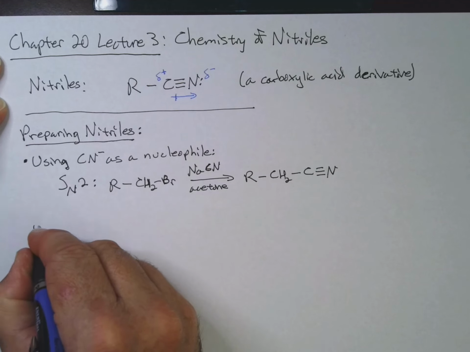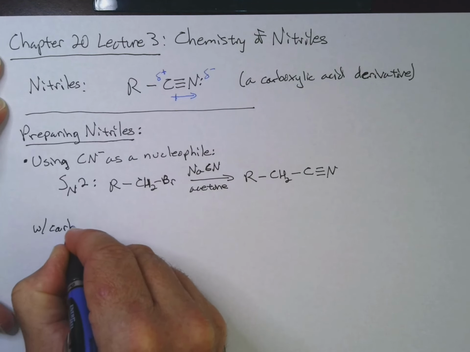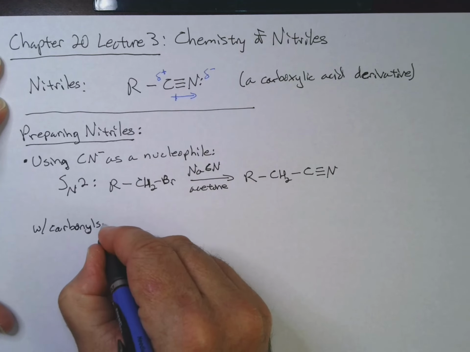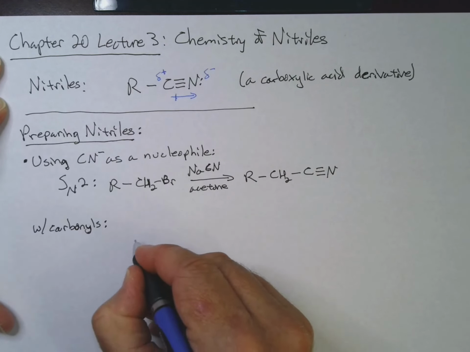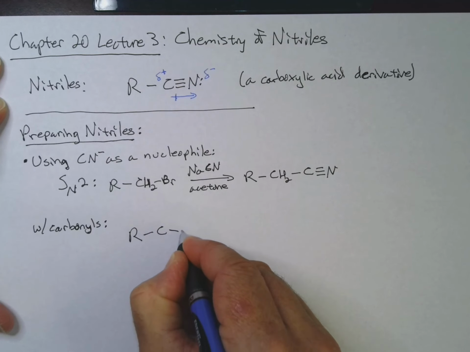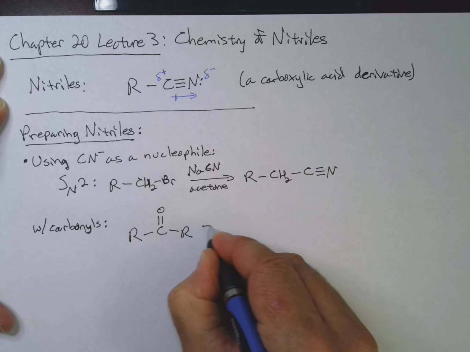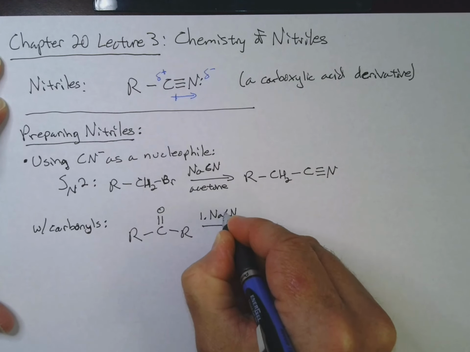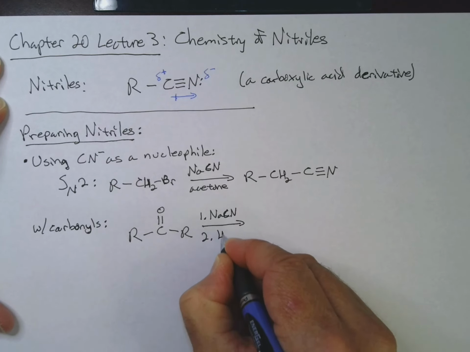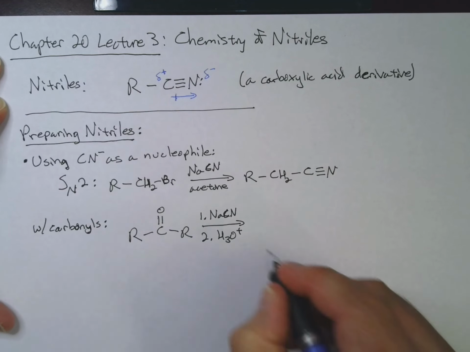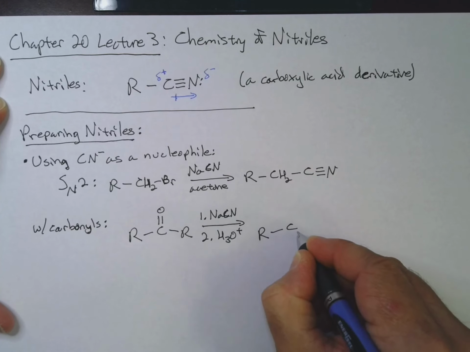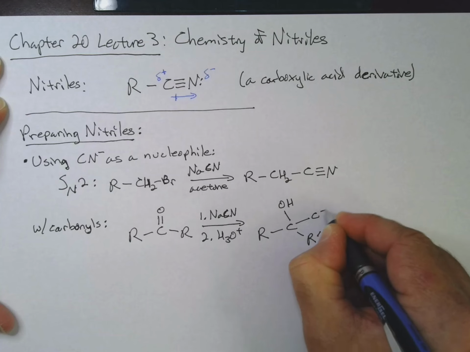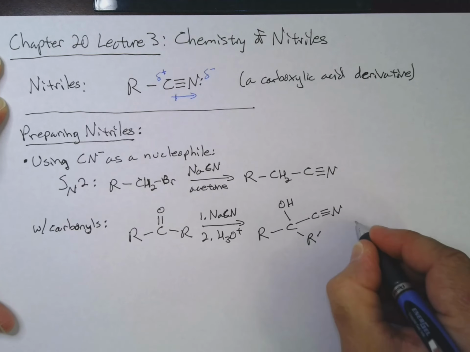We can also use carbonyls, and when I say carbonyls, I mean aldehydes and ketones. In this case, we will have our carbonyl compound here, and we'll treat this with NaCN, followed by quenching with acid, and this gives us a cyanohydrin.